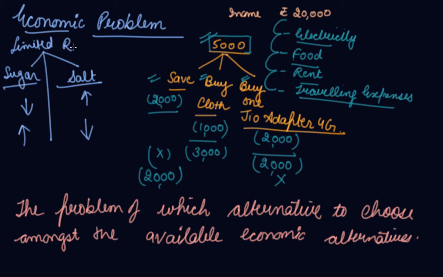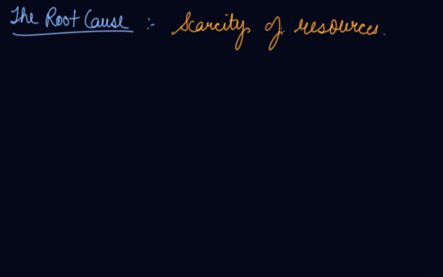So how to allocate the resources or how to choose among the alternatives available, that is your economic problem. See, the root cause for your economic problem is the scarcity of resources, that there is shortage of resources everywhere. This is the root cause.